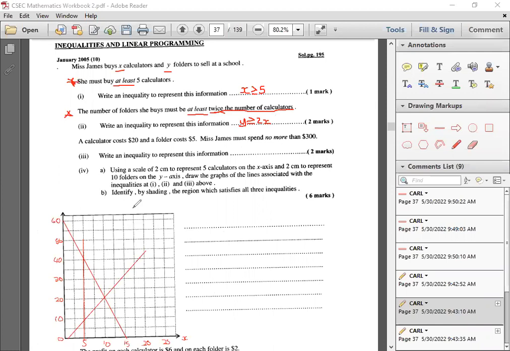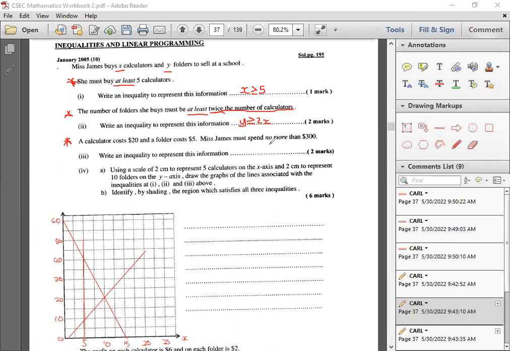Read the next constraint for me, somebody. The third constraint, somebody read that for me. A calculator costs $20 and a folder costs $5. Miss James must spend no more than $300. Okay, wait there.